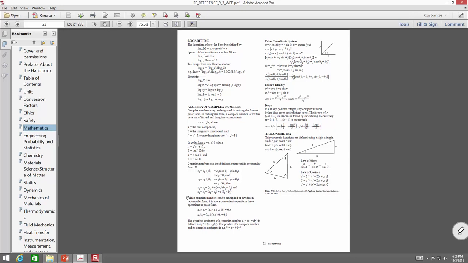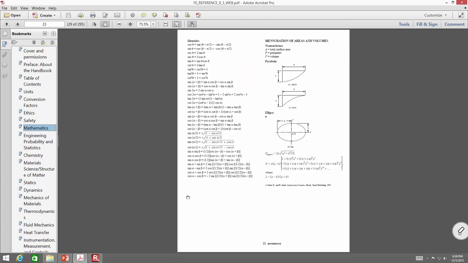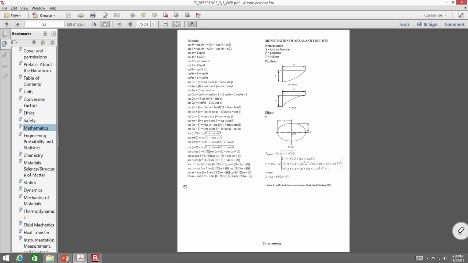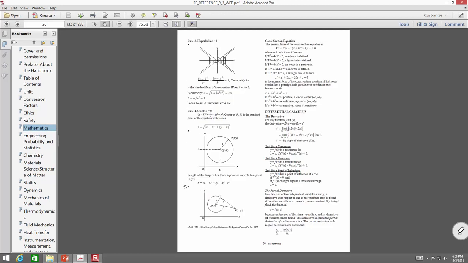Trig laws, roots of equations, let's see, all the trig identities you'd ever want, sums, ratios, squares, half-angle formulas, you name it. Basic properties of areas and volumes, circular segments, circular sectors, spheres, ellipses, parabolas.